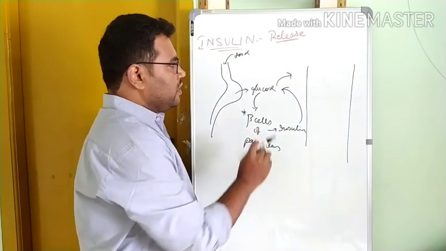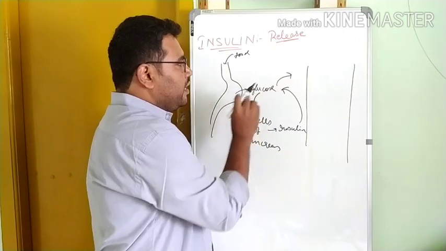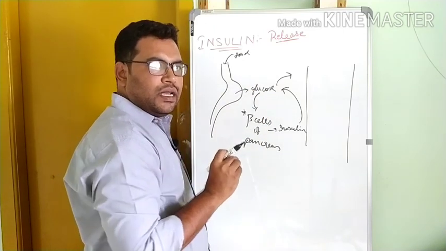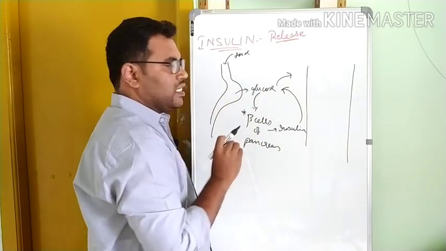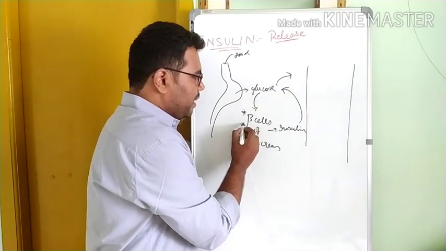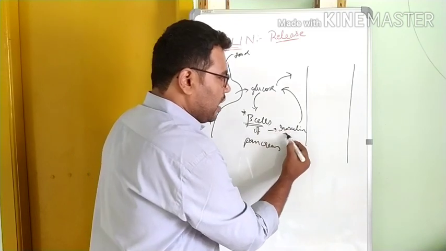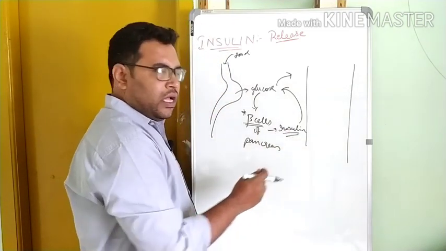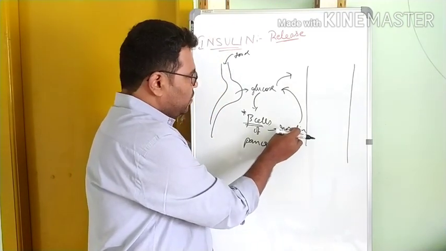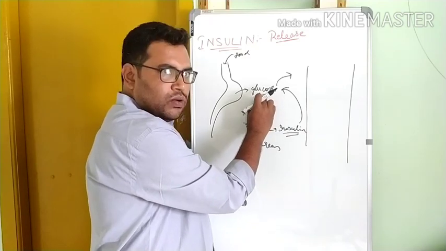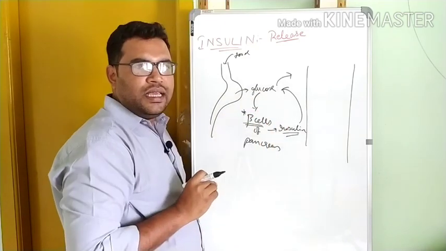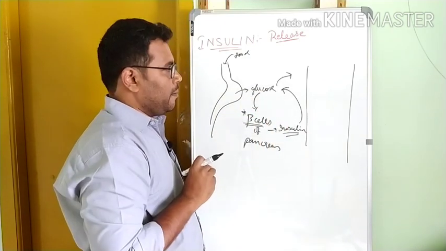The point is, when the blood contains more glucose, that glucose rich blood reaches the beta cells of the pancreas, where they release a hormone called insulin. This insulin will eventually absorb this glucose from the blood and store it in the body cells.